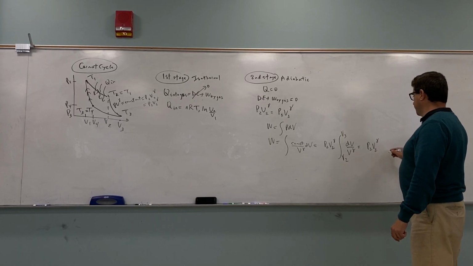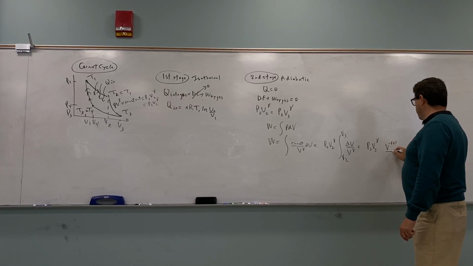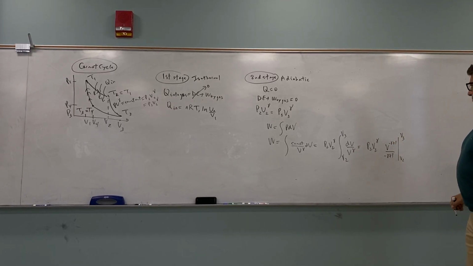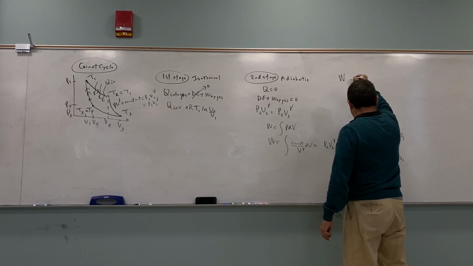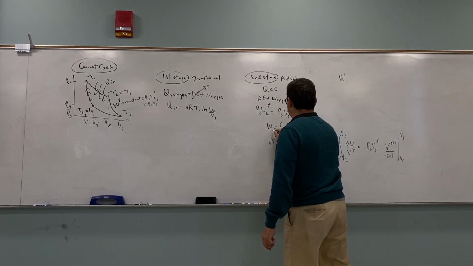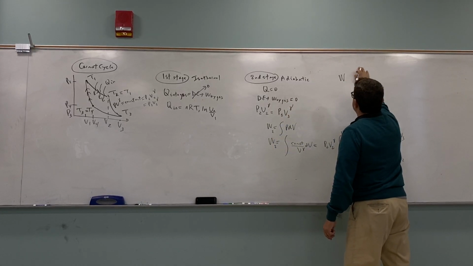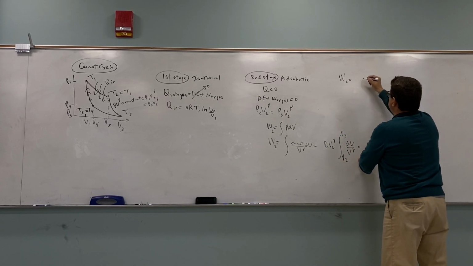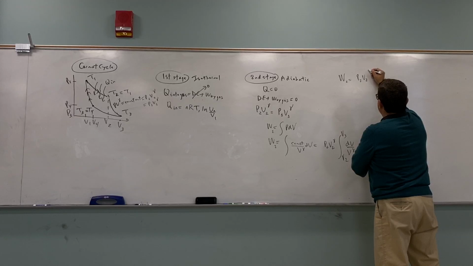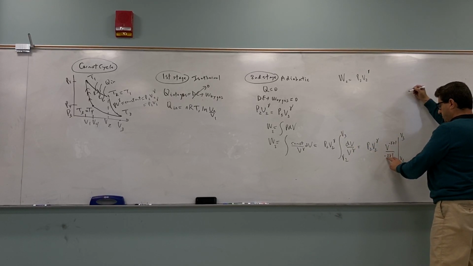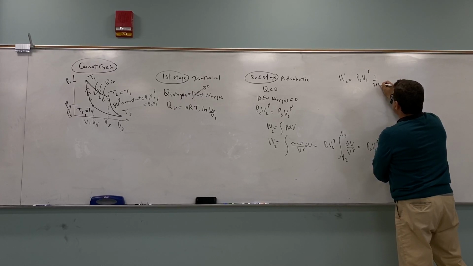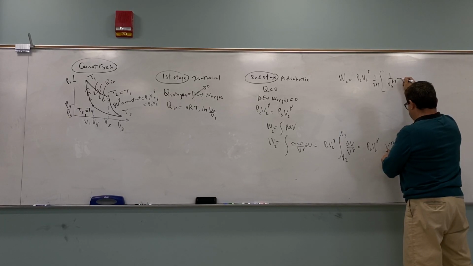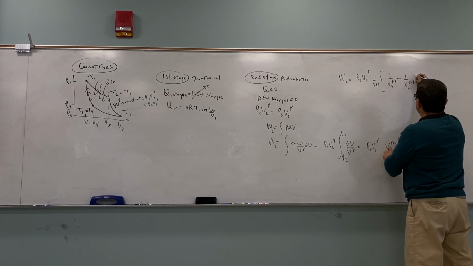The integral of that is what? V to the negative gamma plus 1 over negative gamma plus 1, from V2 to V3. So the work done during this, we'll call this work done in the second state, W2, is equal to P2 V2 to the gamma, and I put V3 into this, so you have 1 over negative gamma plus 1 times 1 over V3 to the gamma minus 1, minus 1 over V2 to the gamma minus 1.